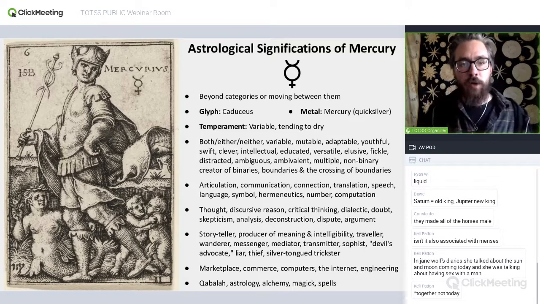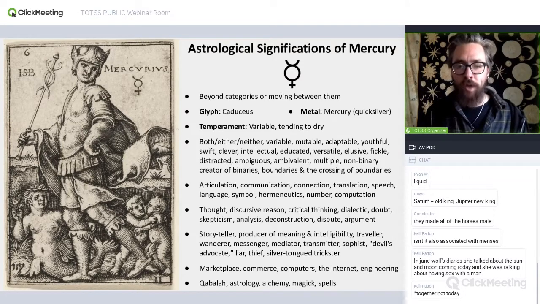All right, so some keywords for Mercury. We have both, either, neither. Mercury is variable, mutable, adaptable, often youthful, swift, clever, intellectual. Again, this is intellect in the sense of cleverness and IQ and the ability to solve problems and analyze and all that sort of thing. Educated, versatile, elusive, fickle, distracted, ambiguous, ambivalent, multiple, and I said non-binary, creator of binaries.